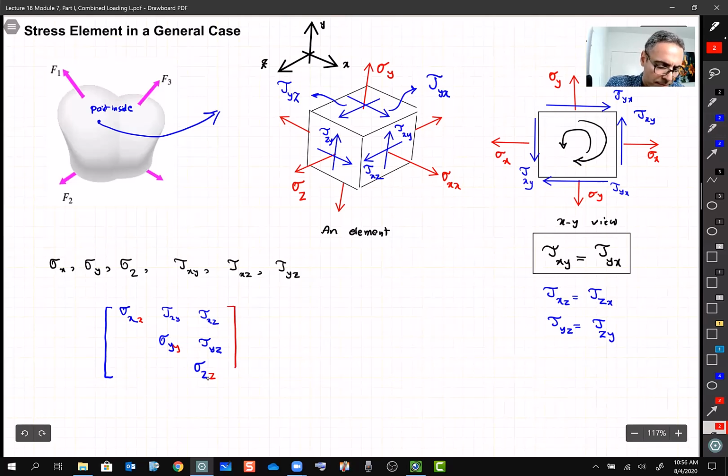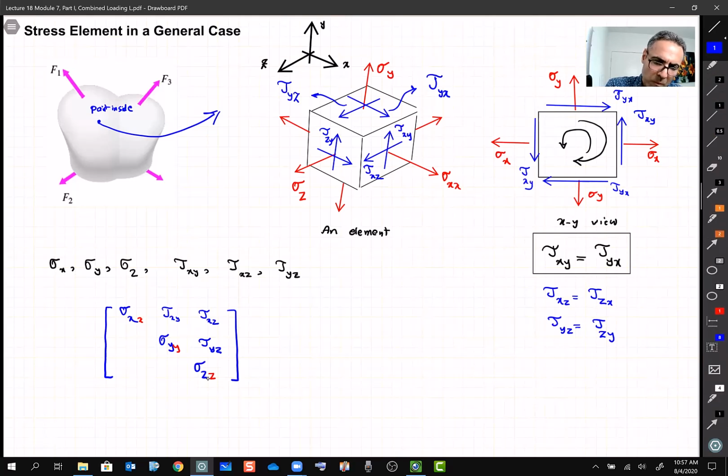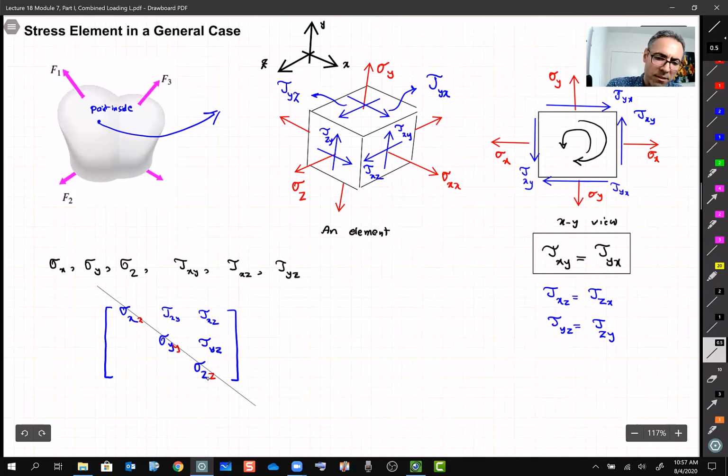And this matrix, based on what we just said, is symmetric. In fact, this matrix is symmetric around the diagonal.